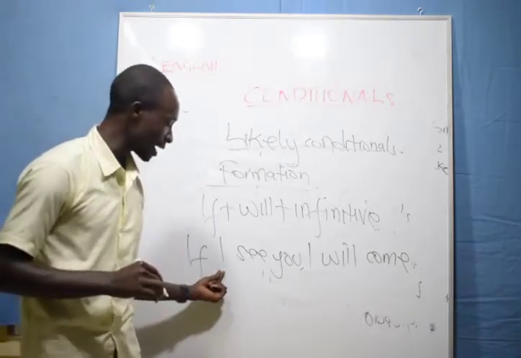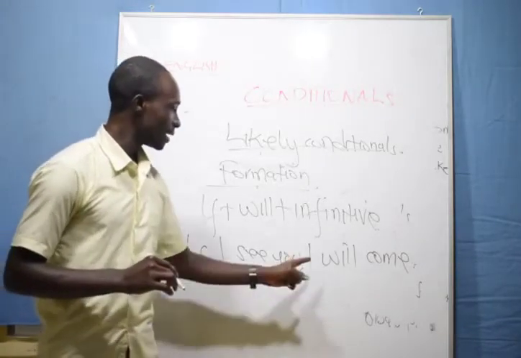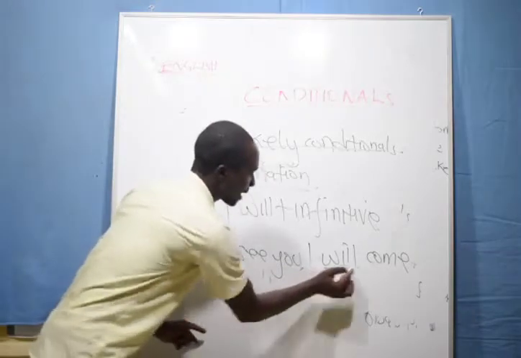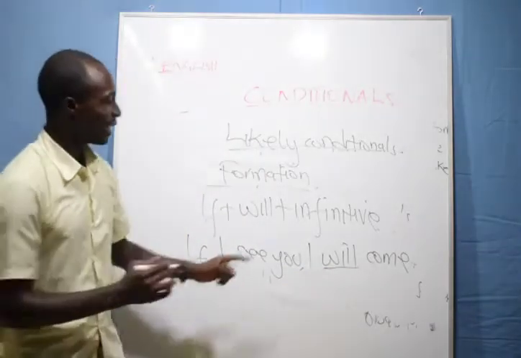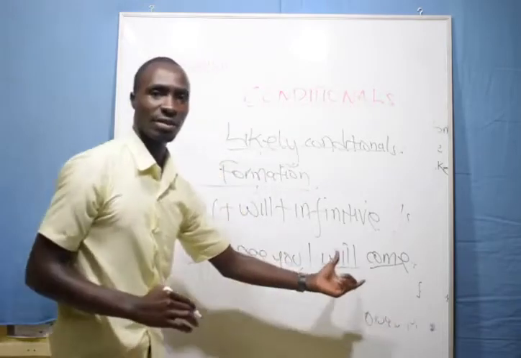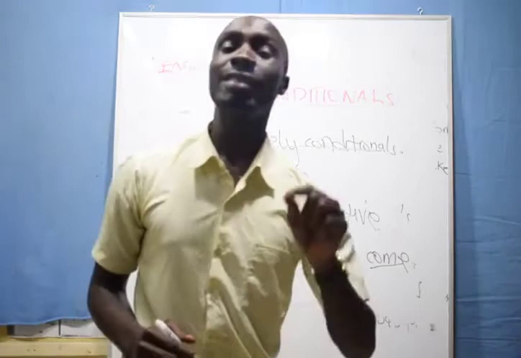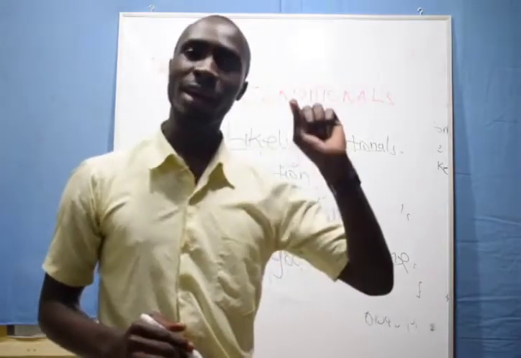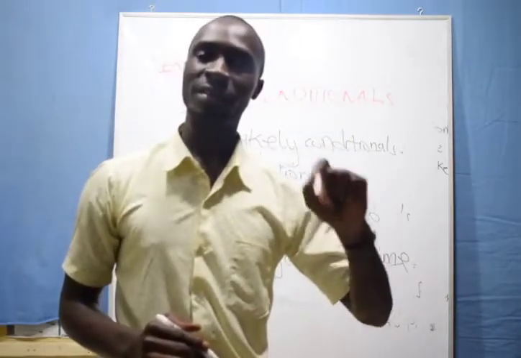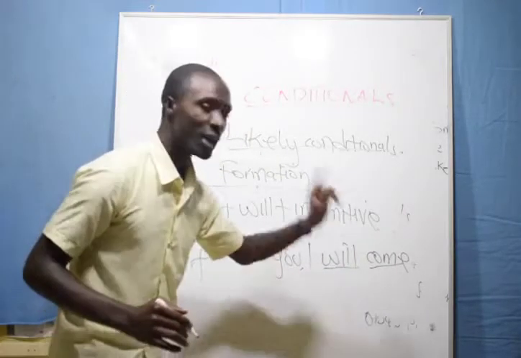I have I as the first person pronoun. Then again I have will. Then I will come. The word come is what I define as an infinitive in this statement, a verb in present tense. That is why I'm saying if I see you, I will come.